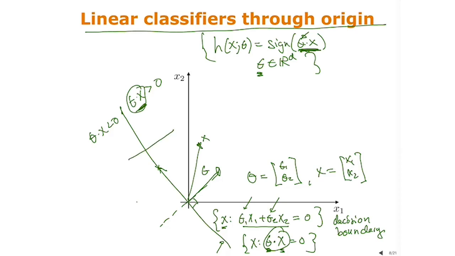If we take 2 points here that are equidistant to the decision boundary and are on the same side, they are classified equally strongly positively. All right. If the distance from the boundary changes, then the degree to which they are classified on that side changes as well.